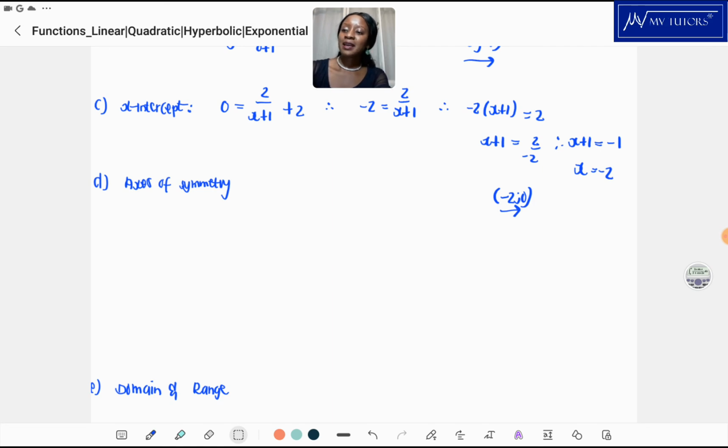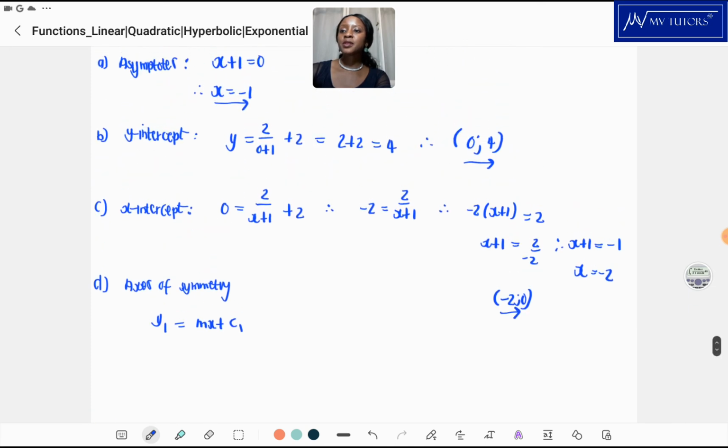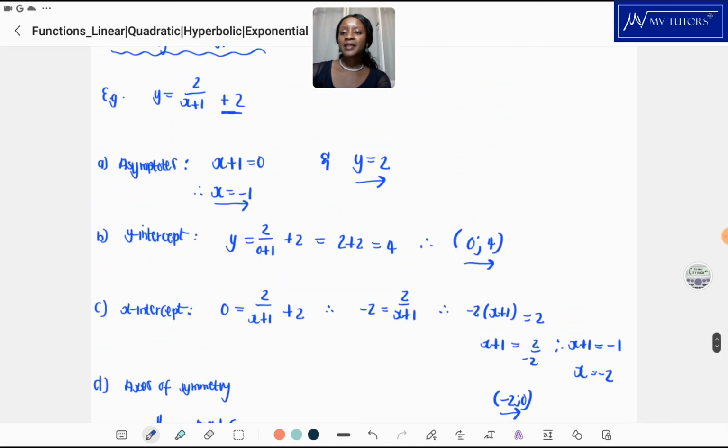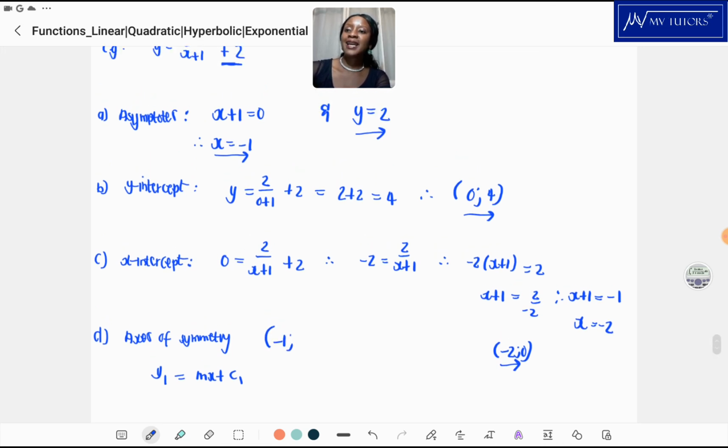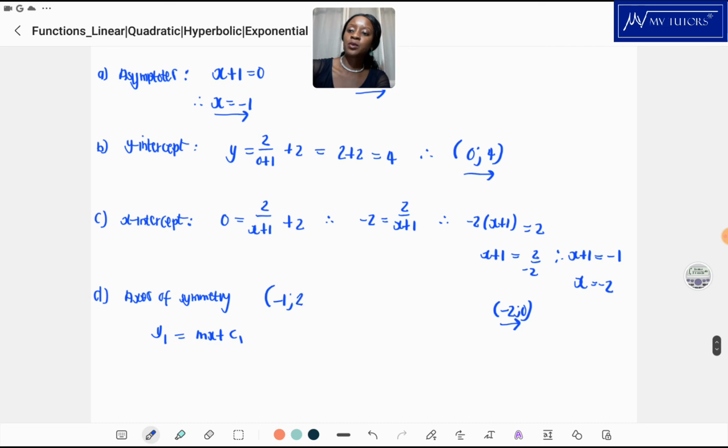So basically, if I look at the increasing function, I have y1 is equal to mx plus c1. I am going to substitute. Remember the equations of my asymptote. From there, I have actually a point where it is minus 1 and 2. That is the point I will substitute.